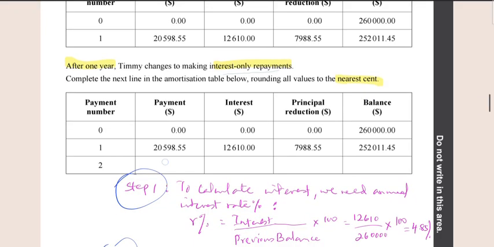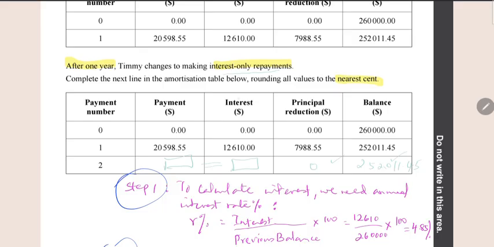So these two blanks will ultimately work out to be the same, and then the principal reduction will be 0 and the balance will remain the same. So even before you start working on the question, you can fill up these two.